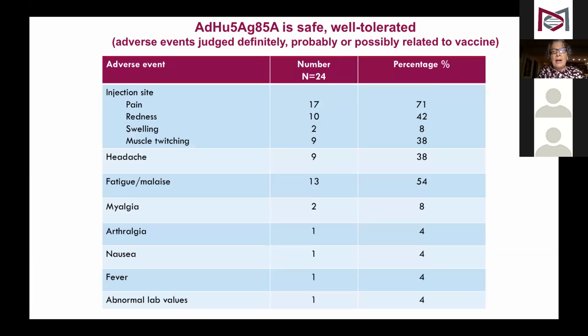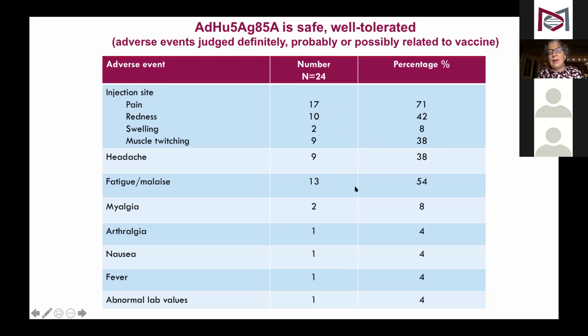We were also, because safety is one of the most important things, looking at a number of good safety outcomes. So as one would expect with an injection, there are injection site reactions, and they were common. There were some participants who complained of a headache, fatigue, malaise. Many of our first volunteers were people actually from our group.